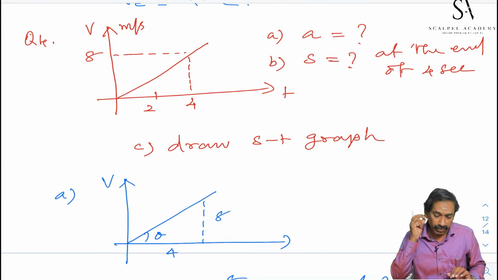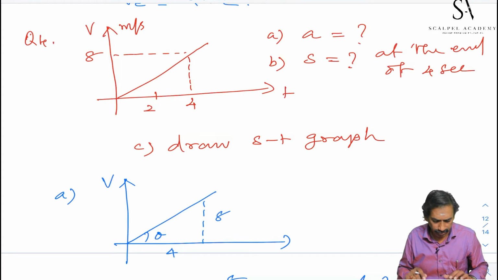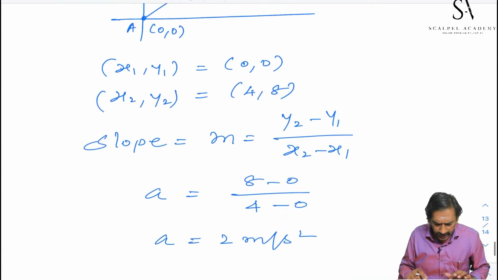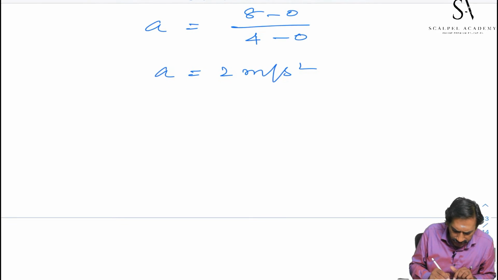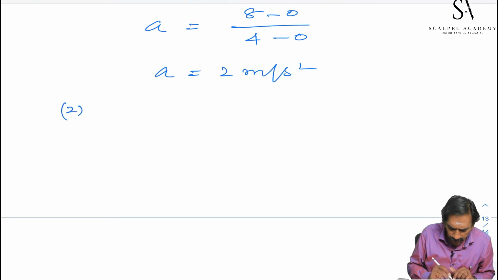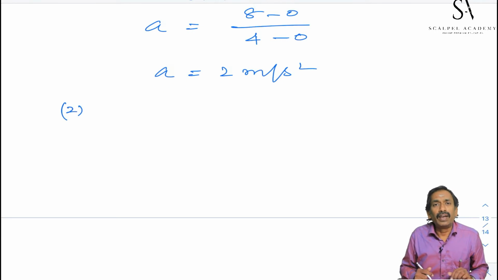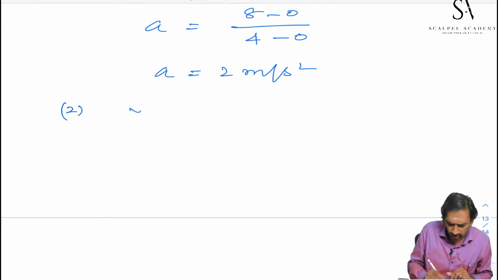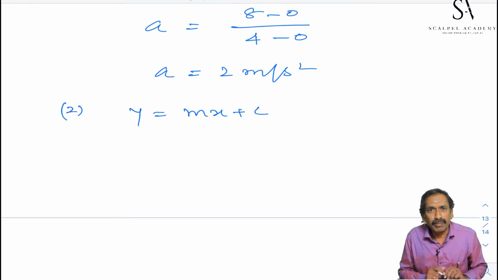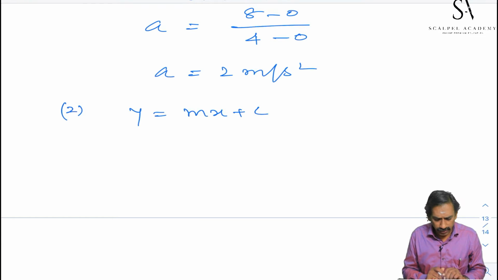Now they are asking what is the displacement. Okay, what is the general equation for velocity as a function of time? It is in the form of y is equal to mx plus c, where c is constant, 0, because the graph is passing through origin.